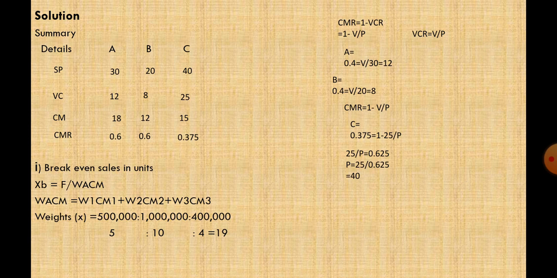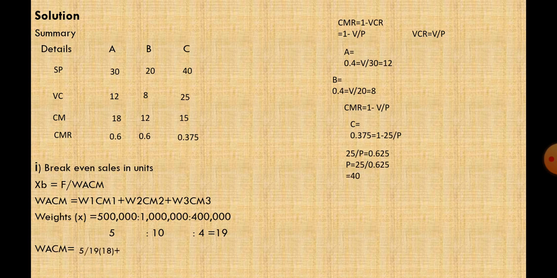So to compute the weighted average contribution margin, we multiply the weight of A, which is now 5, against its contribution margin of 18. The weight of A is 5 divided by 19, the weight of B is 10 divided by 19, and the weight of C is 4 divided by 19.